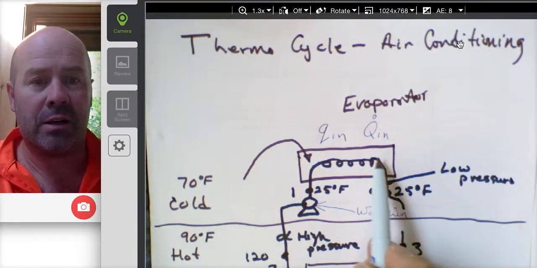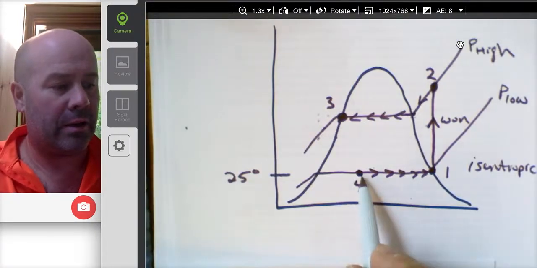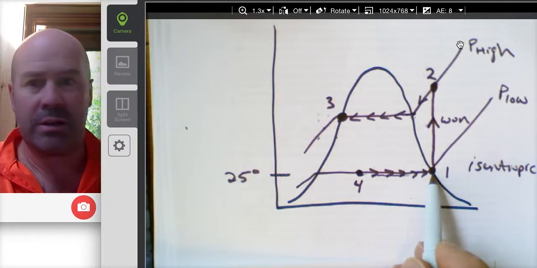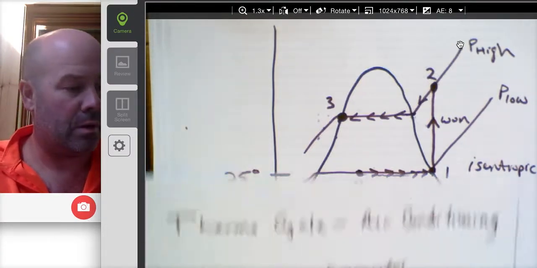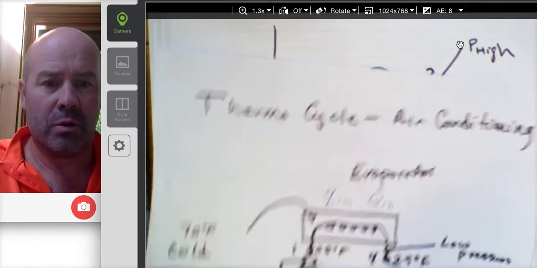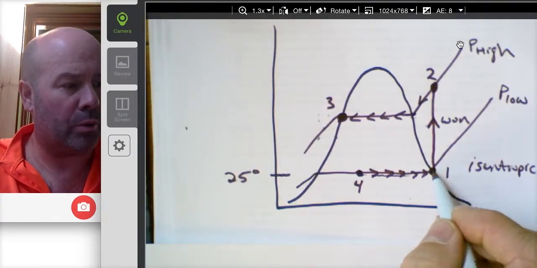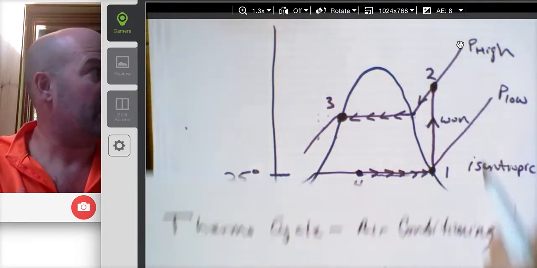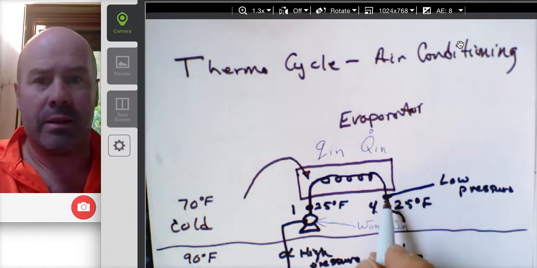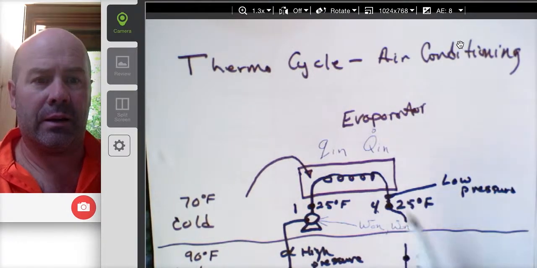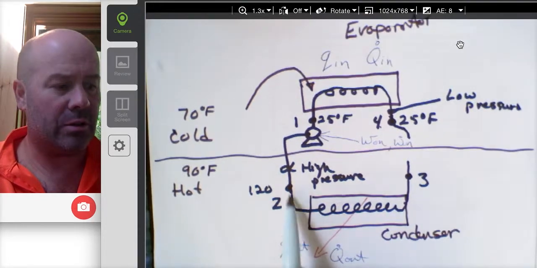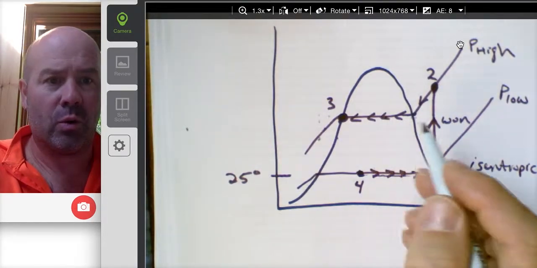That's where the heat comes in and the liquid vaporizes. Then the compressor, where we go from low pressure to high pressure, and then the condenser, where we transfer heat out.